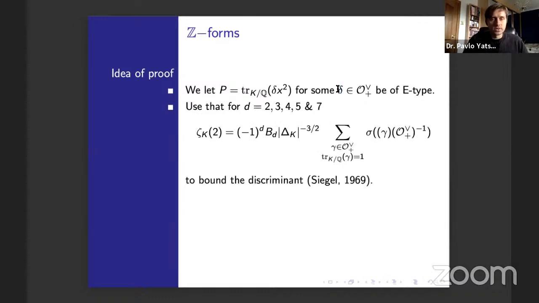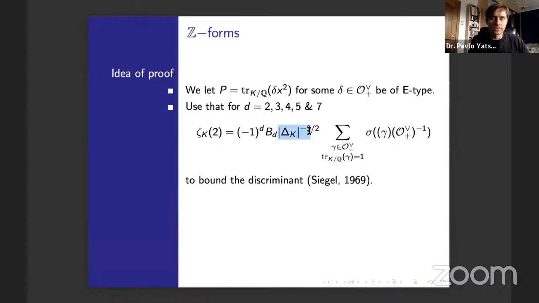And then we use this result by Siegel. For degrees 2, 3, 4, 5, and 7, and that's exactly why we don't have 6, we know that the Dedekind zeta function evaluated at 2 is of this form. The notable part here is that this B_D is a rational integer which doesn't depend on the number field, but just depends on the degree.